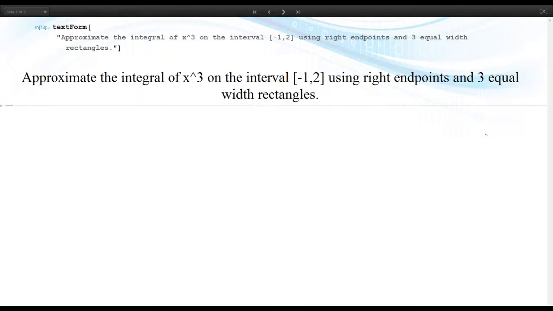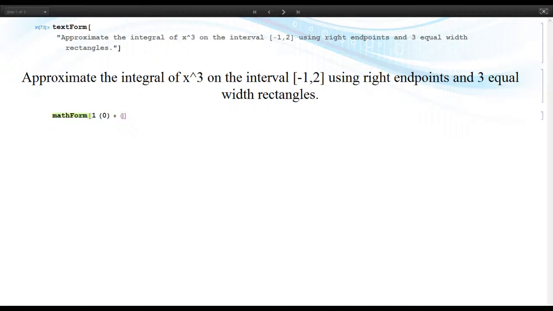So the first rectangle starts at -1 and ends at 0. So the width of this rectangle is 1, and the height of the rectangle is 0. So we get width of 1, height of 0, plus the next rectangle starts at 0 and ends at 1, and its height is going to be f of 1, so 1 cubed is 1.